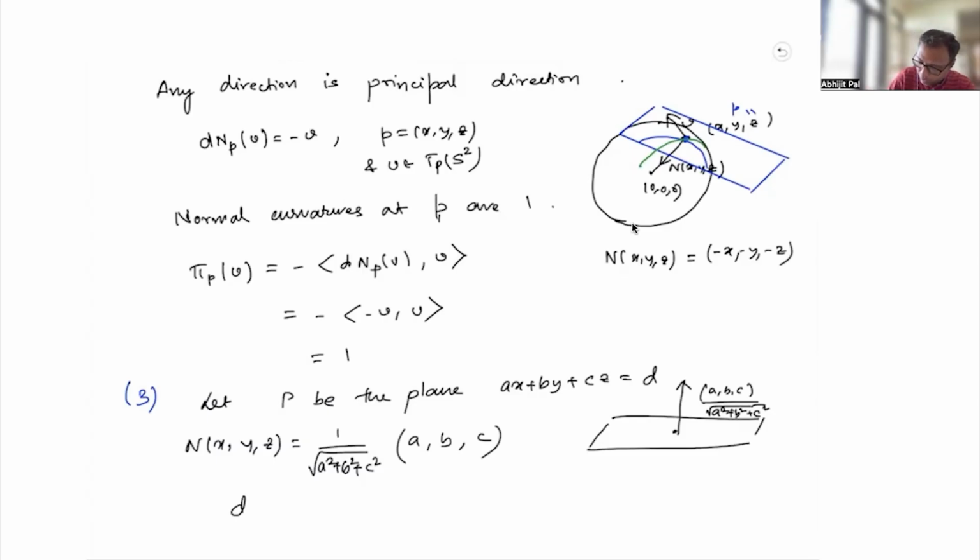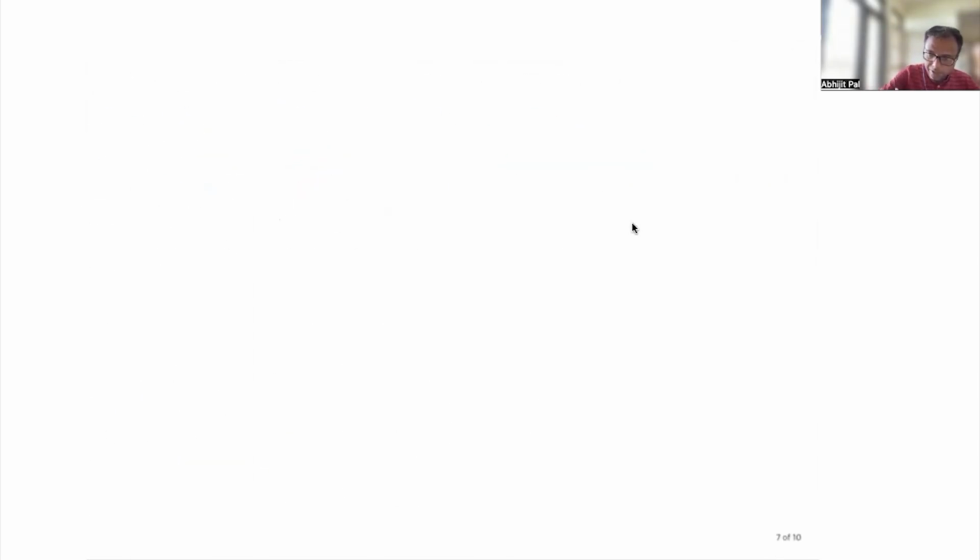Therefore dn(x, y, z) is a zero map. This implies that the normal curvatures are zero.